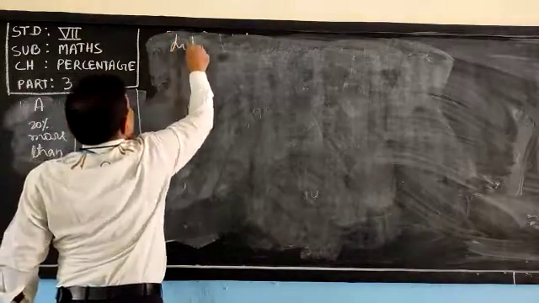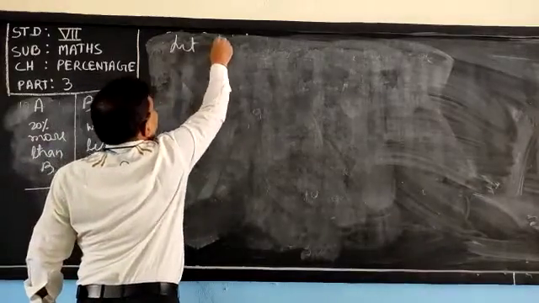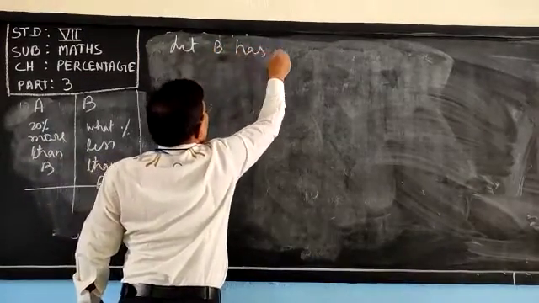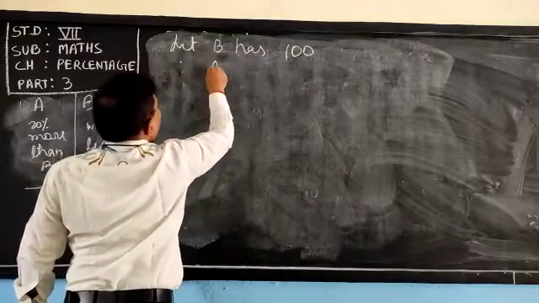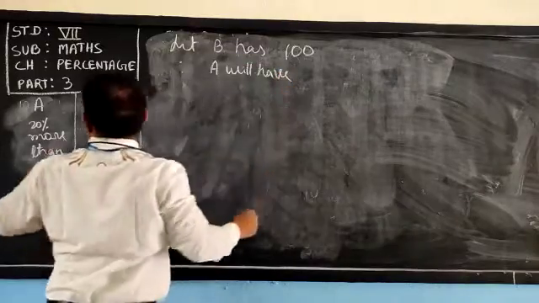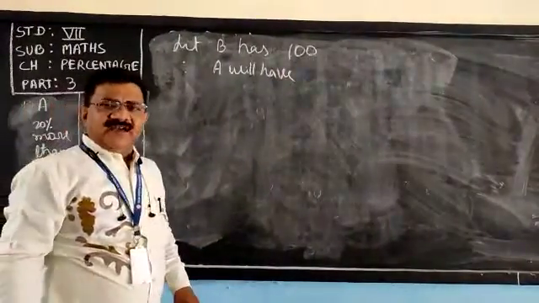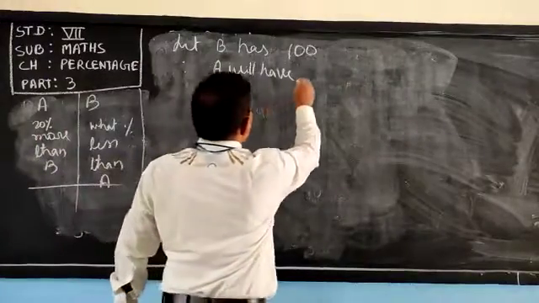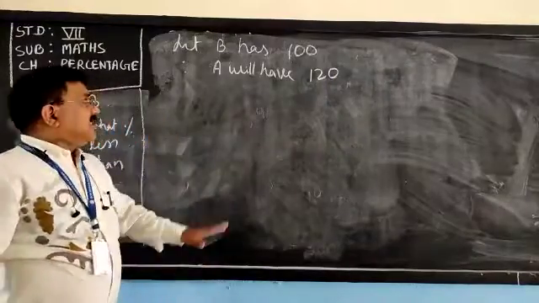Let B have 100. Therefore, A will have 20% more than B. 20% of 100 is 20. A will have 120. Very clear?